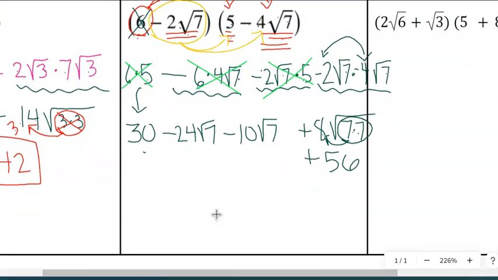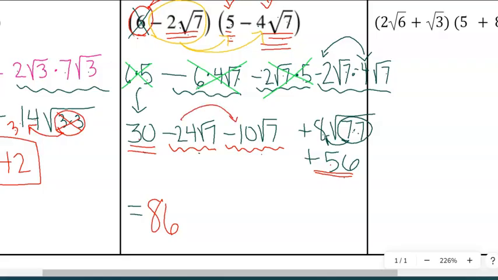So we've got 1, 2, 3, 4 terms. We want to combine like terms. So I've got 30 as a number and 56 as a number. 30 plus 56 is 86. We can add like terms. And then I've got a root 7 term and another root 7 term.